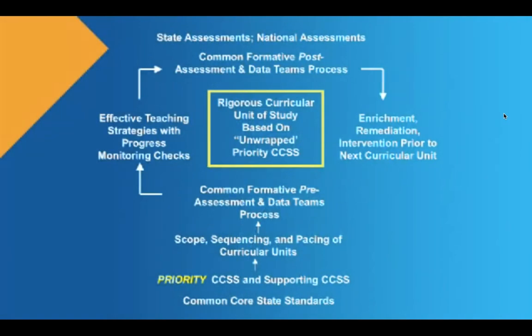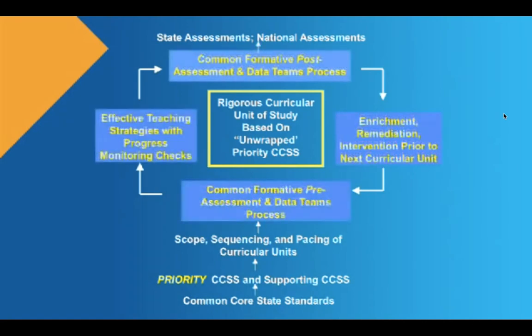The kids that are demonstrating proficiency at the end of that unit are going to receive enrichment. And the idea is that these practices of the common formative pre and post assessment with the instructional strategies, the checks along the way, the data analysis, and then the plan to continuously meet the needs, the learning needs of the students, that will circulate around each one of those units of study.